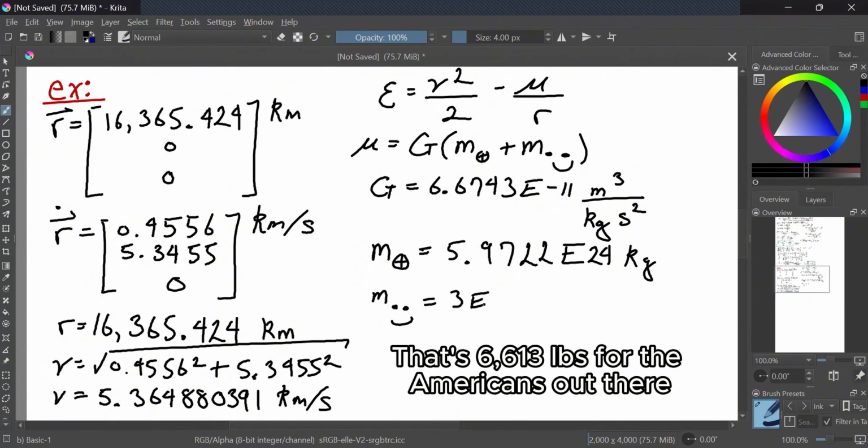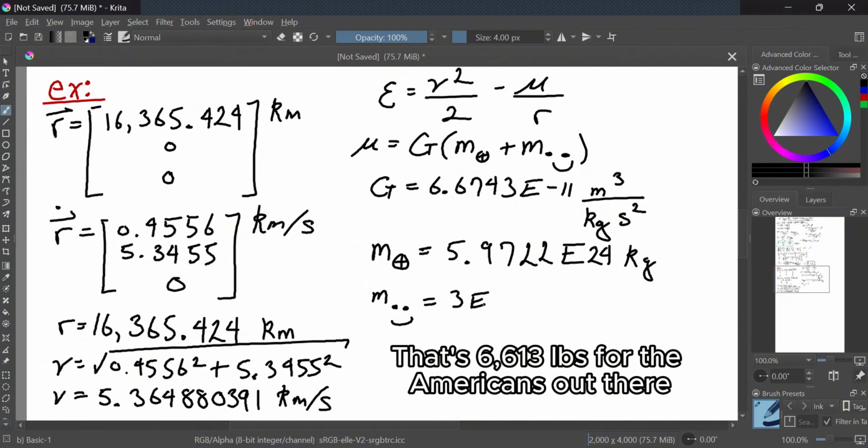I'll use the same notation. 3,000, 3 times 10 to the 3rd. All right, well, this number up here has 21 more digits before the decimal than the mass of our satellite.